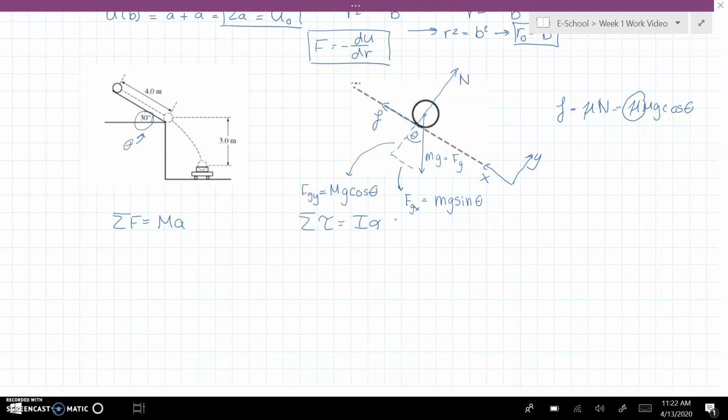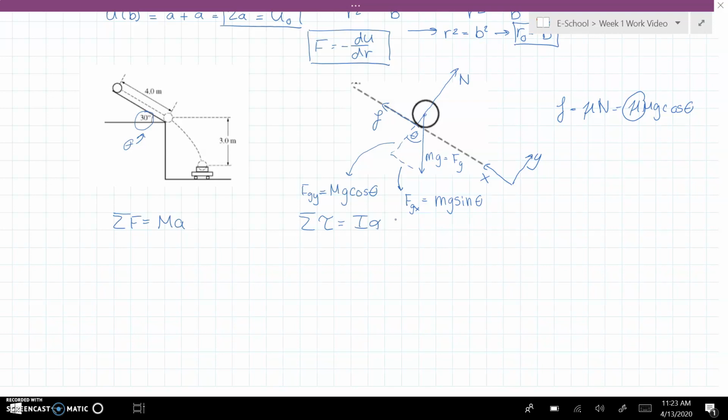Now, you're going to want to start with the torque equation, which makes it a little simpler, and you're going to get something where the force of friction is proportional to the mass times the acceleration, which you can then plug in to the sum of the forces to solve for friction in terms of just the given variables. It's easier to be explained by doing, so let's go ahead and begin.